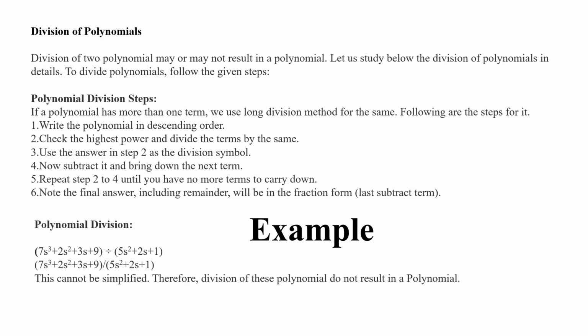This is a simple term, and you are dividing. But when you divide, it can't be simplified, because you don't have any related term to divide this expression. Suppose you have 3x square plus 3 plus 3x plus 1.